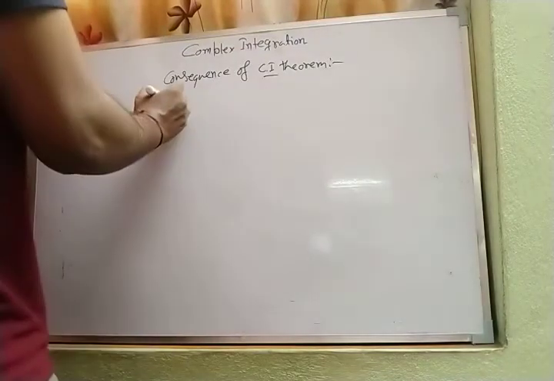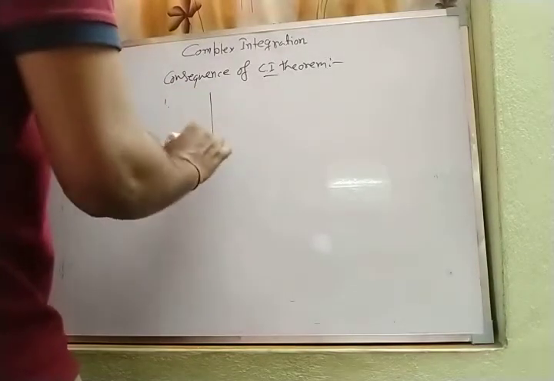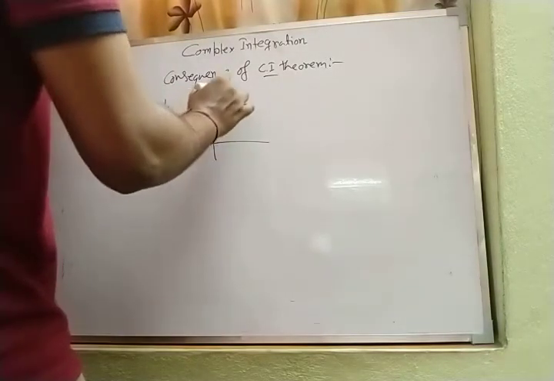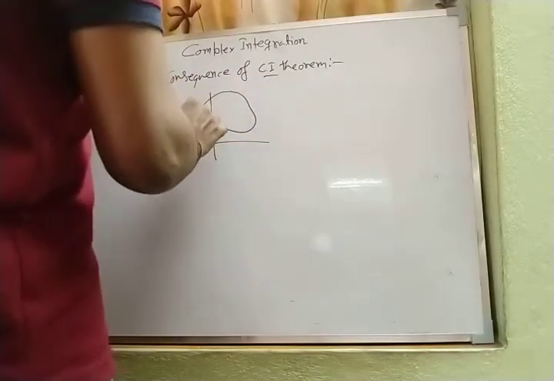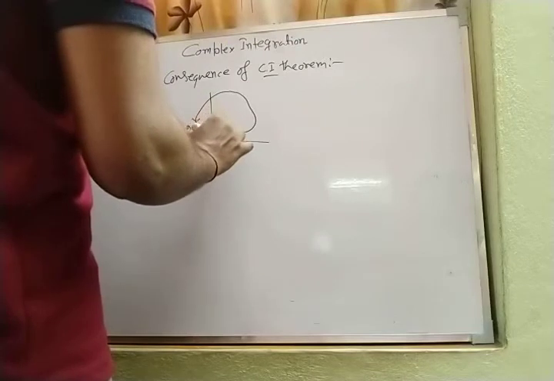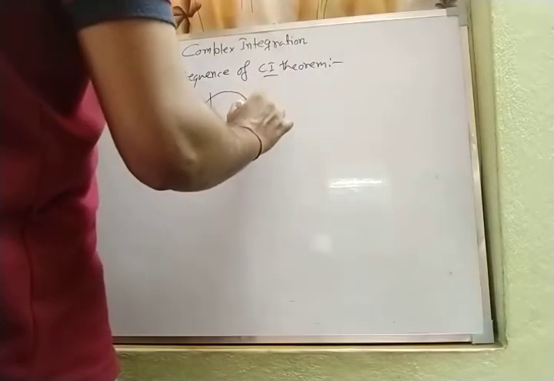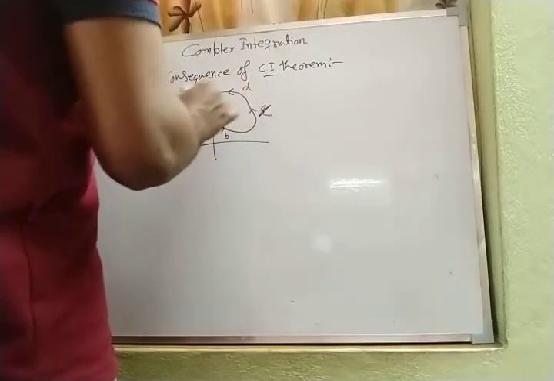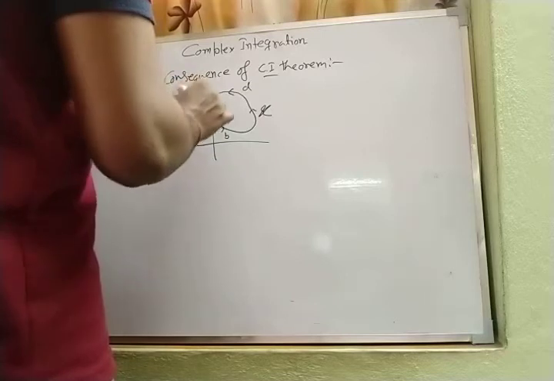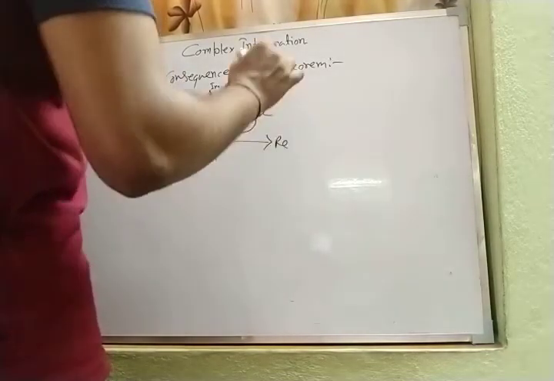So number 1. If a region is given by this, say A, B, C and D, and the whole curve is known as capital C. It is the imaginary axis and it is the real axis.